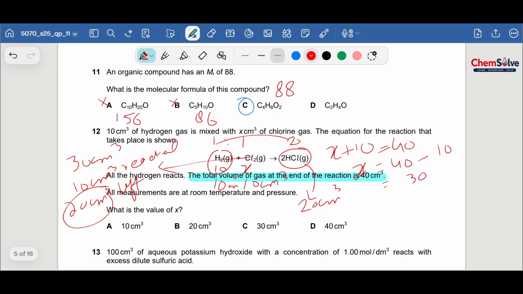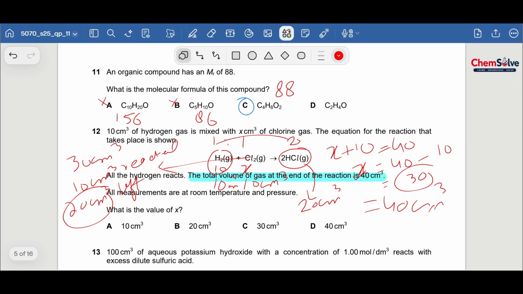So 20 will make 40 cm cube. So here our answer would be C. X is 30 cm cube. And lastly, I explained how it makes 40 cm cube at the end of the reaction. I hope it makes sense to you.